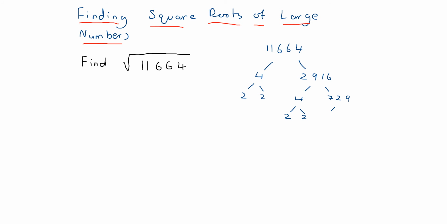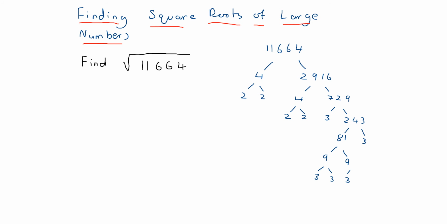This 4 will go to 2. My 729, let's just do a 3, will go to 3, 2, 4, 3. My 243 will go to 81 and 3. My 81 will go to 9 and 9. And my 9s will all go to 3s.